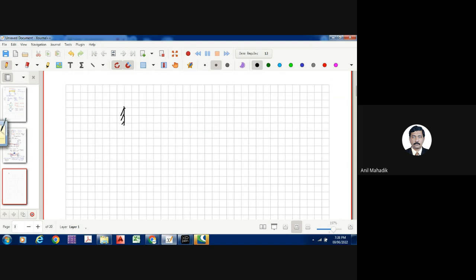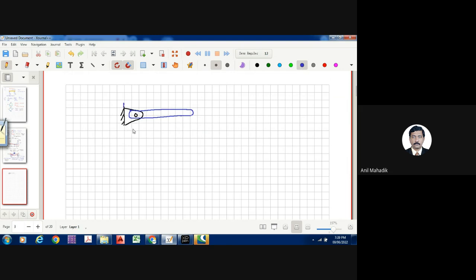So whenever I draw a roller, it has to be drawn like this. Let's say we have one rod like this, okay. So is it a roller support or hinge support?